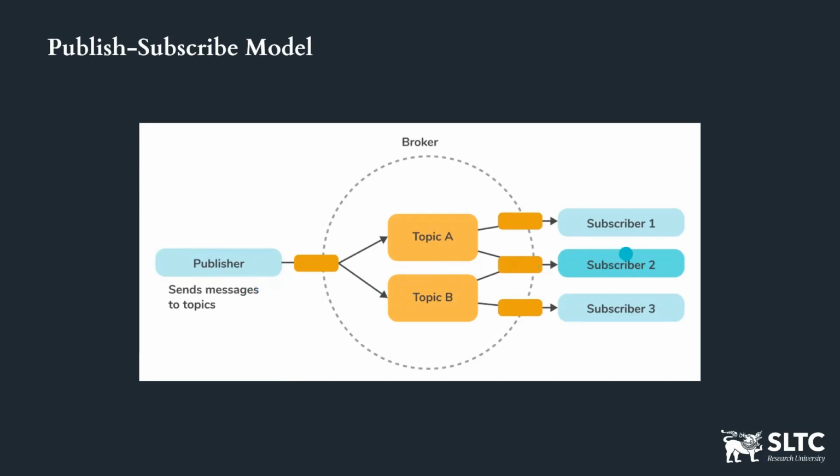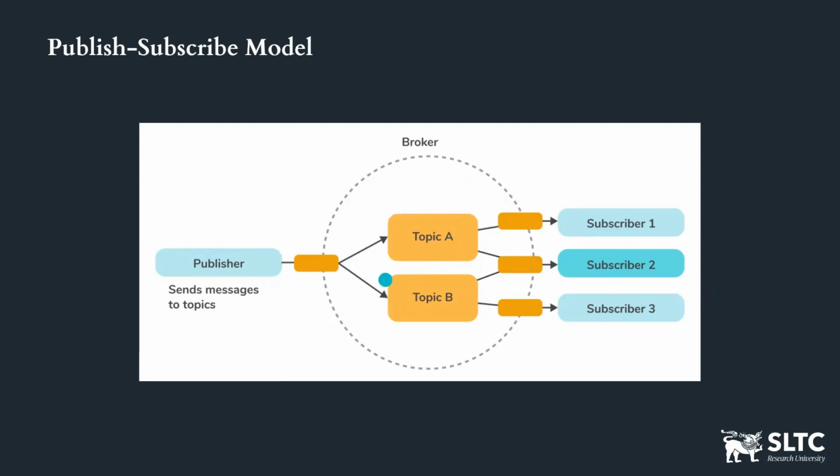And the subscribers who have subscribed to that topic will get the data from the broker, which is in between the publisher and subscriber clients. This broker is a server which will collect the data and store the data in a list under each topic, right?